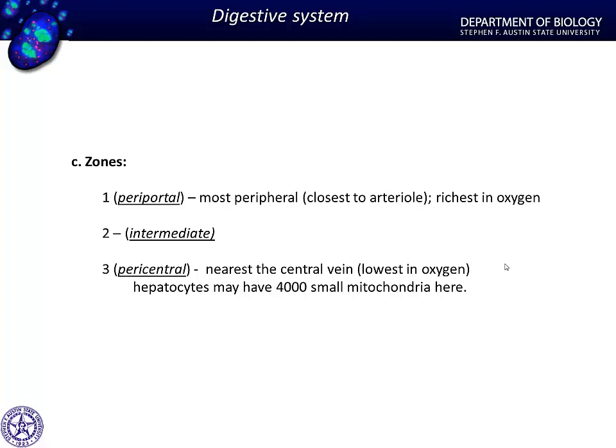And so to best utilize the oxygen that's available, hepatocytes are going to have many more mitochondria present, so that any molecule of oxygen that's obtained is going to be used to produce ATP. So pericentral hepatocytes have many more mitochondria than hepatocytes that are present in the periportal zone.